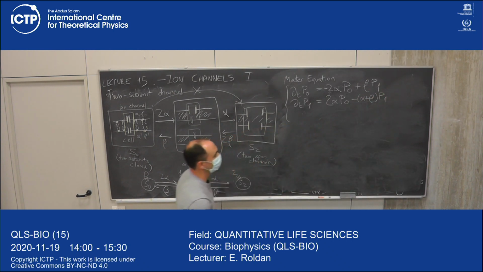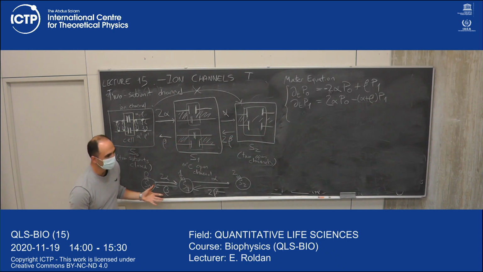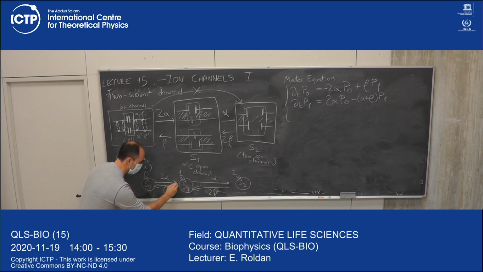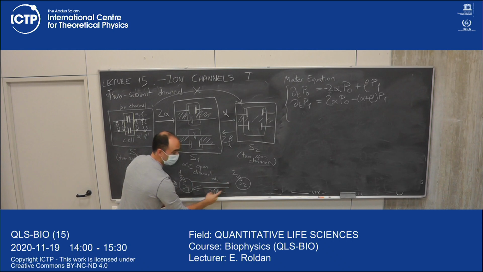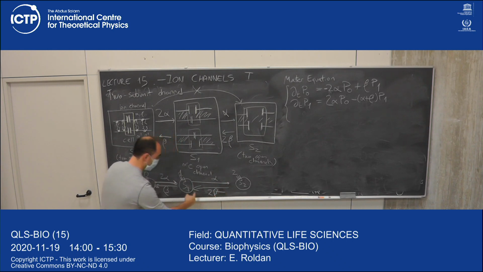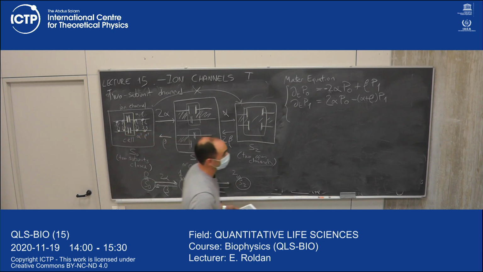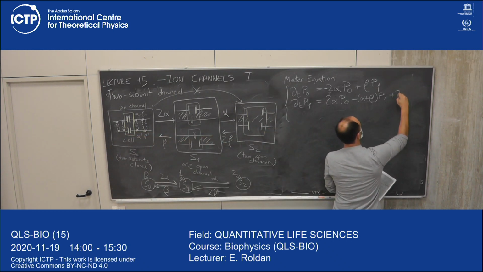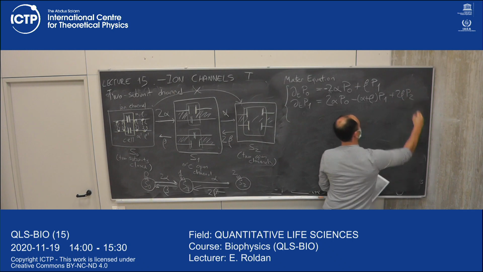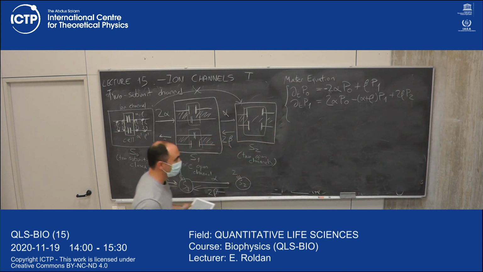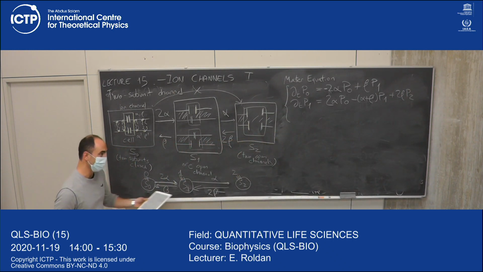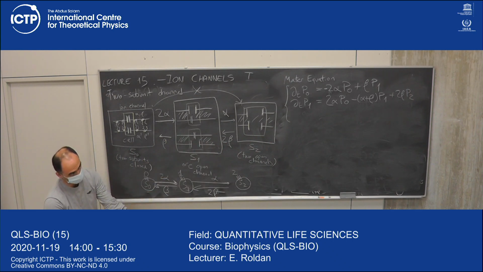Okay? And now, something else. So I counted this, I counted this. There's another one going in, so it's a plus, and I count from 2: 2 beta, P2. This one, the state 1, is connected to all of them. That's why you have this.